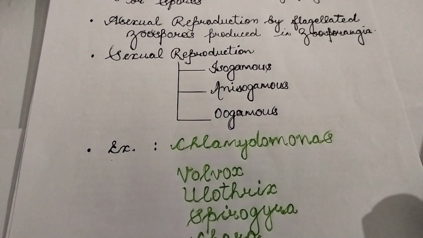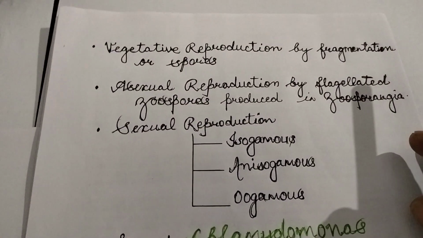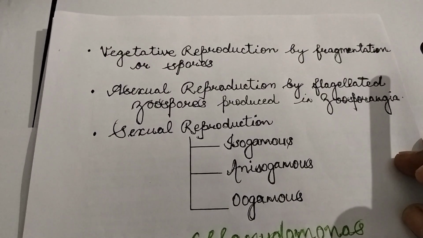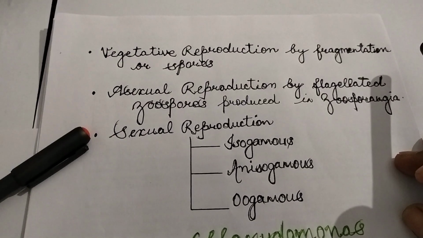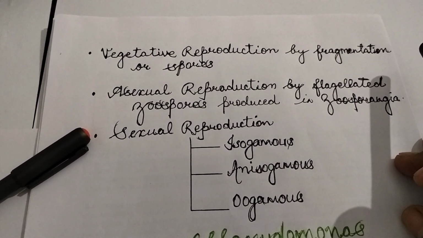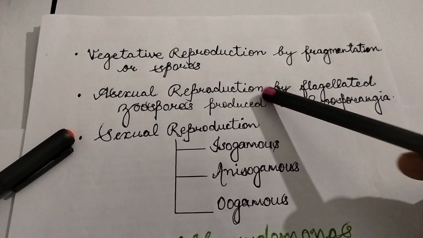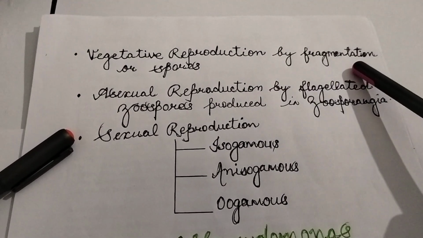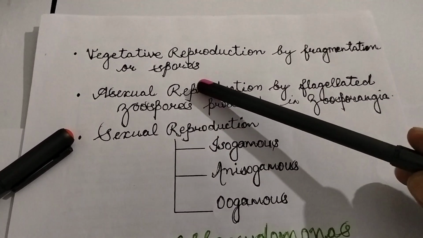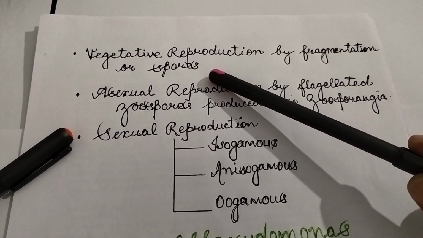Alright, now coming to reproduction. Members of Chlorophyceae reproduce in all three manners, that is vegetative reproduction, asexual reproduction, as well as sexual reproduction. As we have discussed earlier also, vegetative reproduction is by fragmentation or by different types of vegetative spores.